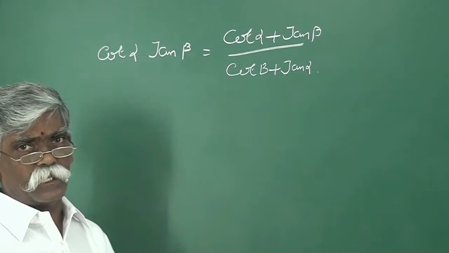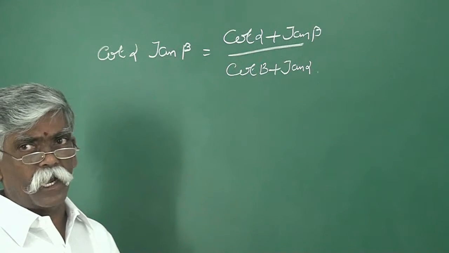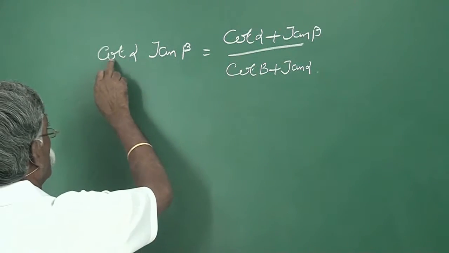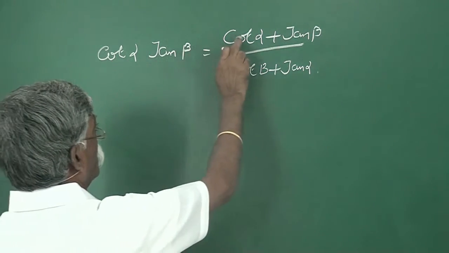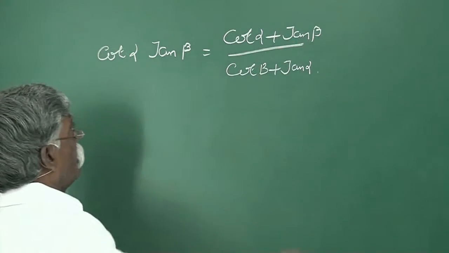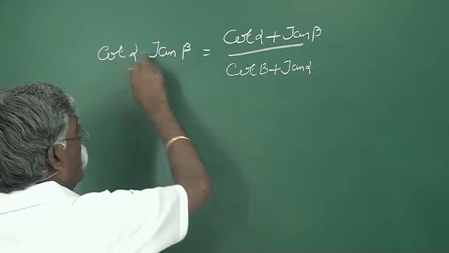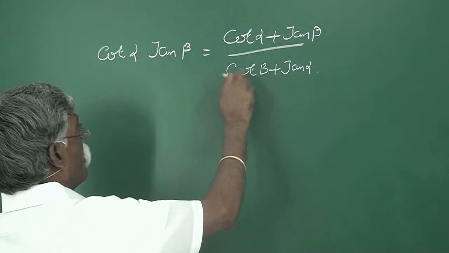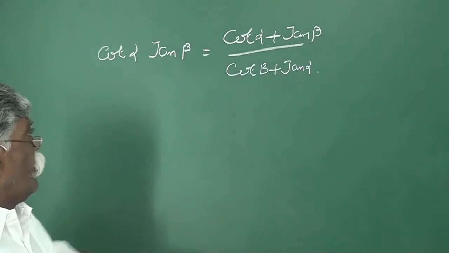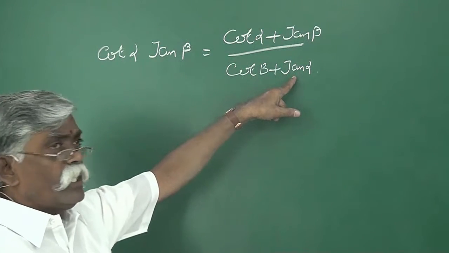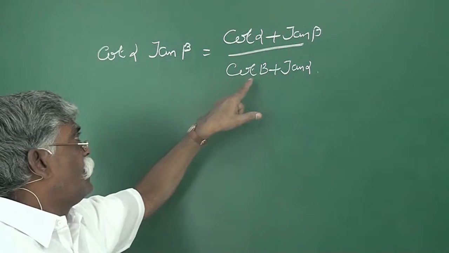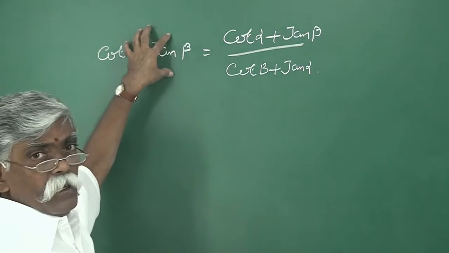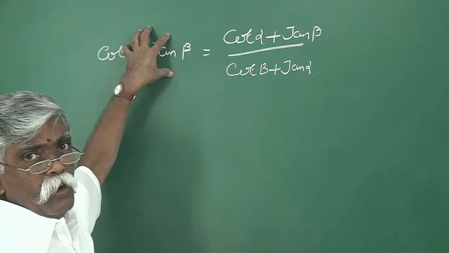Both the sides are expressed in terms of cot and tan, but the difference here, alpha is in cot, beta is in tan, here it is the same. But here, when we compare, this is tan and this is cot. So if we change this into cot and this into tan, then it will be similar to LHS.